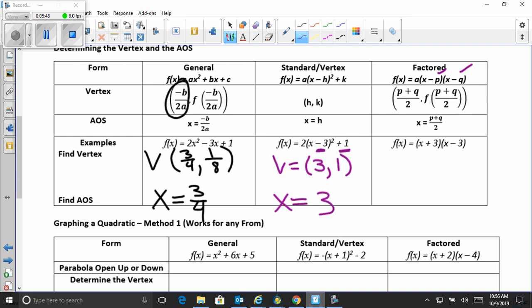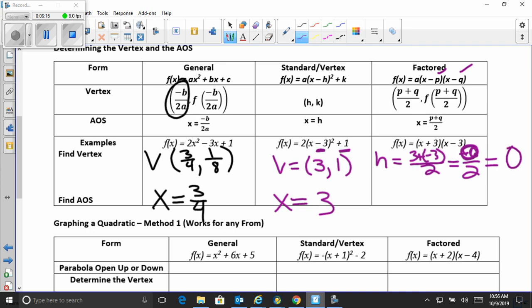So for this, to find my h, I'm going to do the average of those. So 3 and -3 divided by 2 is 0. By averaging them, plus 0 divided by 2, which is 0.